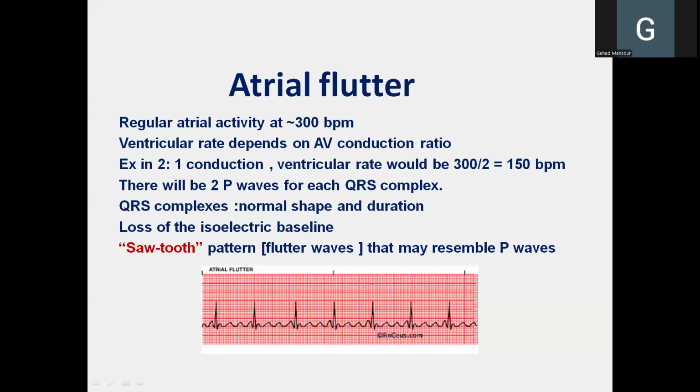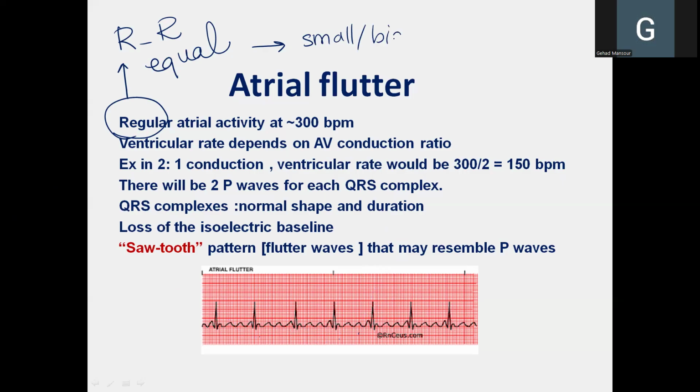Atrial flutter should have been discussed first because atrial flutter is a more regular rhythm. Of course, we will do the same thing. Here you can easily see that it is a regular heart rate, and you have to say that it is regular because the RR intervals are all equal, and you had better mention the number of small or the number of big squares that exist between them.